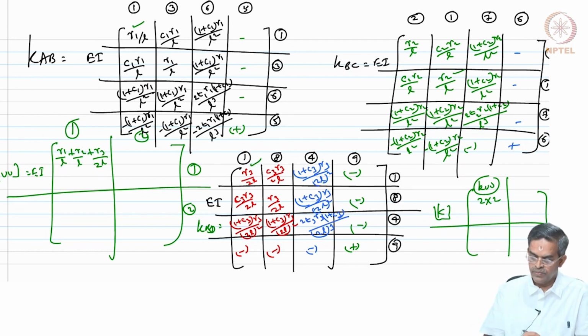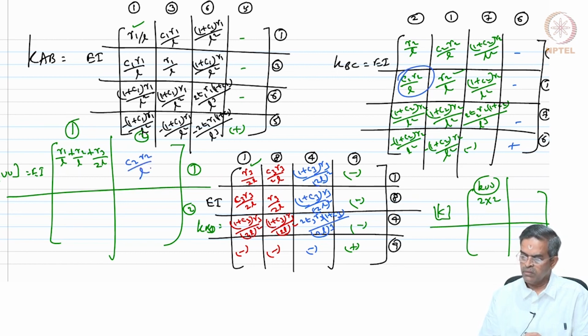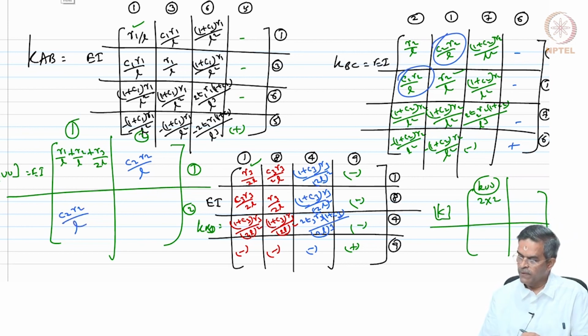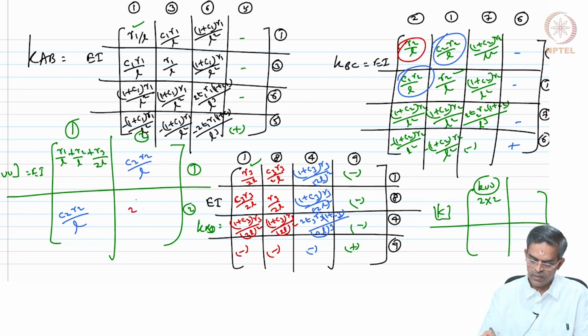Let us now do 1 2. So 1 2 I can pick up from this, which is C2 R2 by L. Then I should say 2 1, 2 1 I should pick up from here, which is C2 R2 by L. Then I should say 2 2, 2 2 I will pick up from here, which is R2 by L.